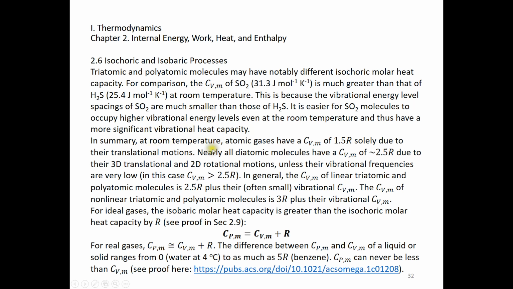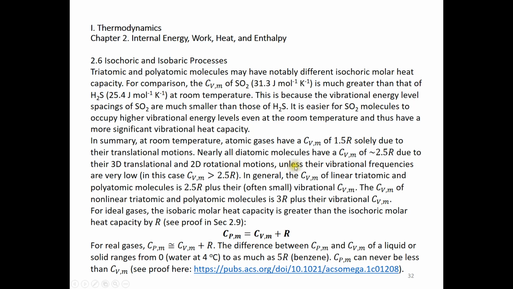In summary, at room temperature, atomic gases have a CVM of 1.5 R, only because they have only 3 translational modes. Diatomic molecules usually have 2.5 R because we have 3 translational modes and 2 rotational modes.